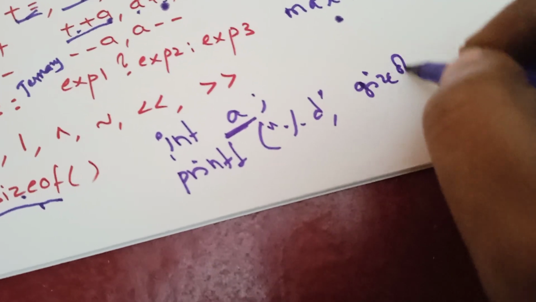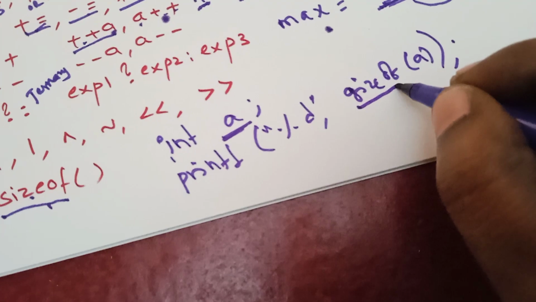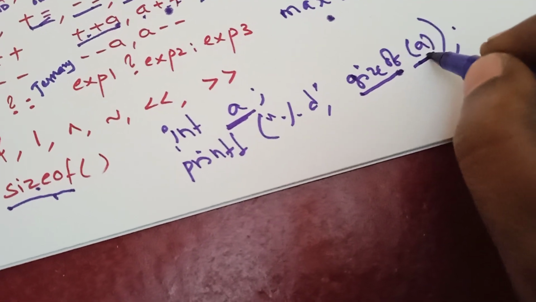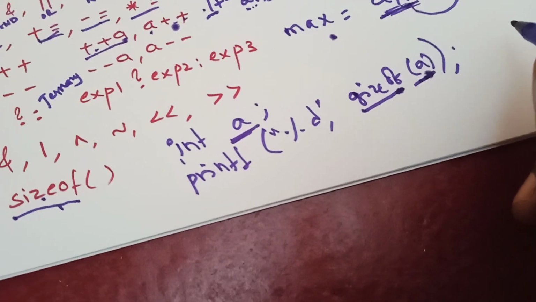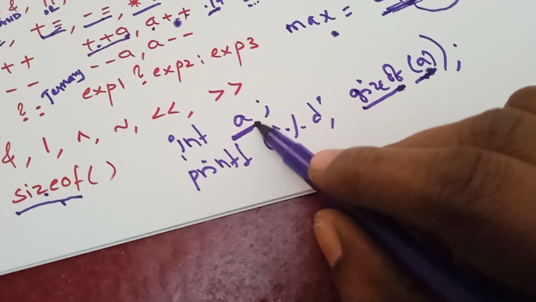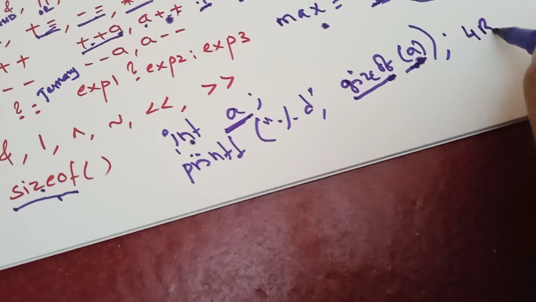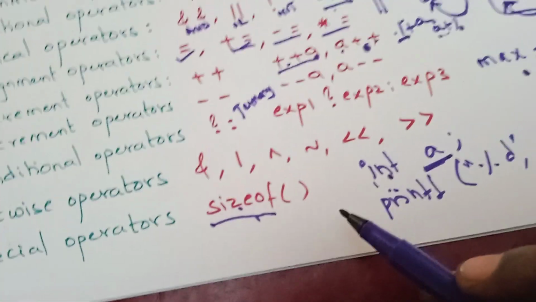I'll write sizeof a simply. So sizeof is an operator of the special category, which will take the variable name into consideration and the value will get printed on the output screen. Since a is declared with the data type integer, it will return the answer as 4 bytes. Fine. So this is the use of the sizeof operator.